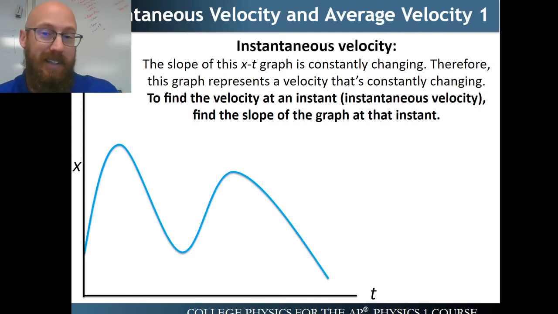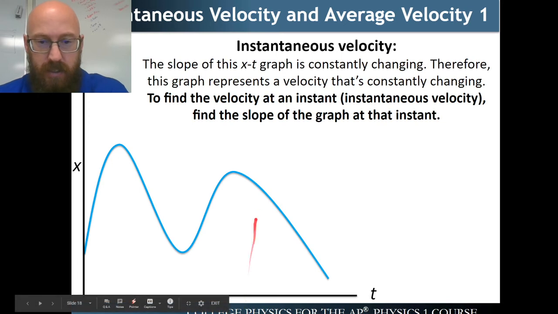Instantaneous velocity, they love to do these. It's just a point. I'm going to say, okay, let's look at that point and find the slope of the line. So we just do a line. Oh, look, it's a tangent line right there. If my mouse was going straight, it would be better. But the idea is it's just what is the slope at that point? At this time, what's the slope of this line?